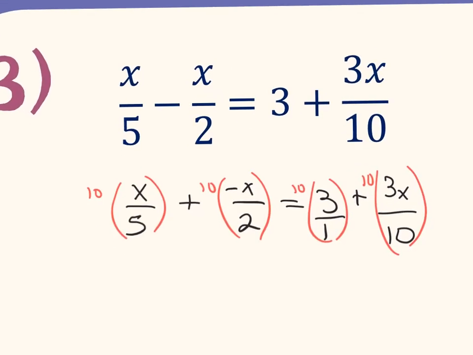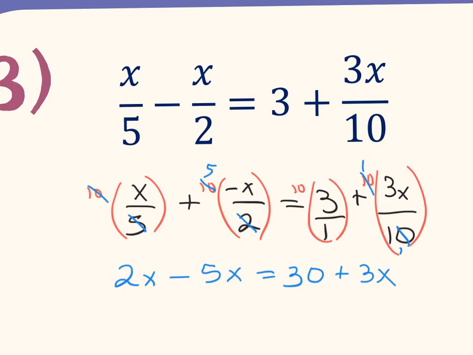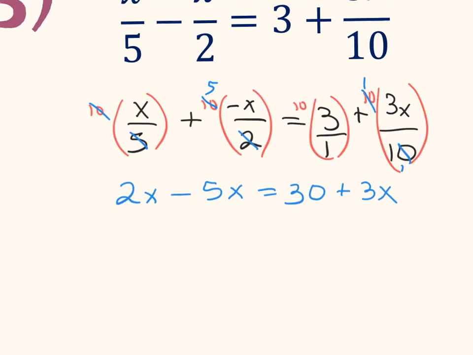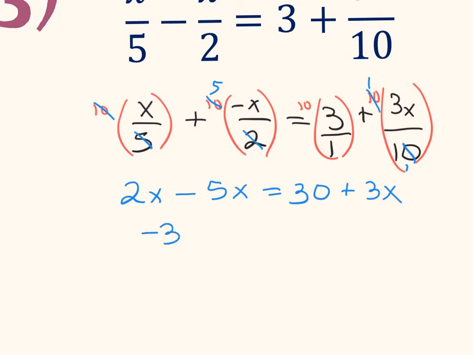So 10 divided by 5 is 2. This becomes a 2x. Here, 10 divided by 2 is 5. This becomes a negative 5x. Nothing to simplify here. This becomes a 30. These actually cancel away, so I'm just left with the 3x. I'm going to simplify my left and get negative 3x equals 30 plus 3x.